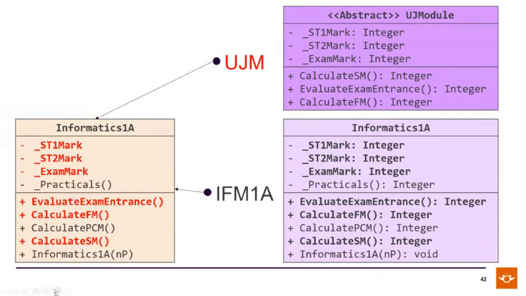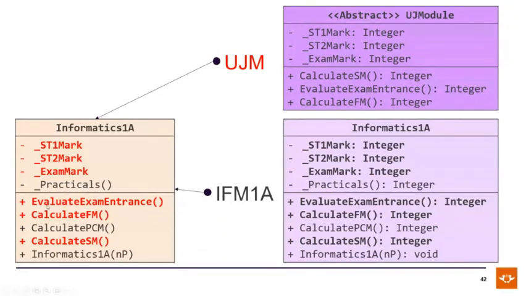But now, because calculate PCM is inside informatics, you don't have direct access. But because evaluate exam entrance is a common function, you'll have access to it. And because in the derived class, we will use those two subroutines or those two functions, that derived class function will have access to them.